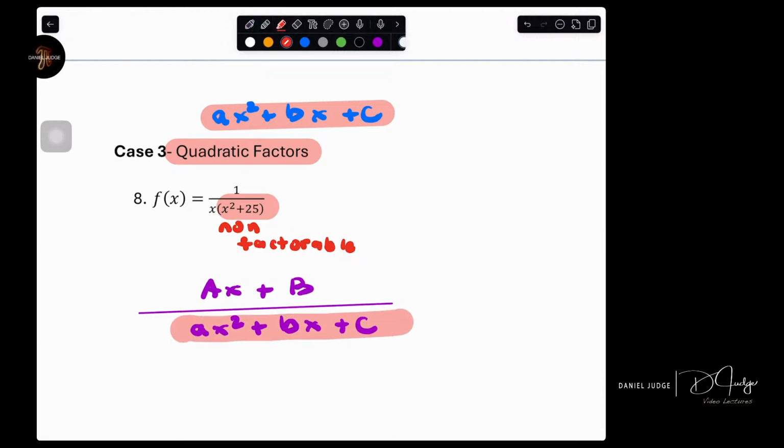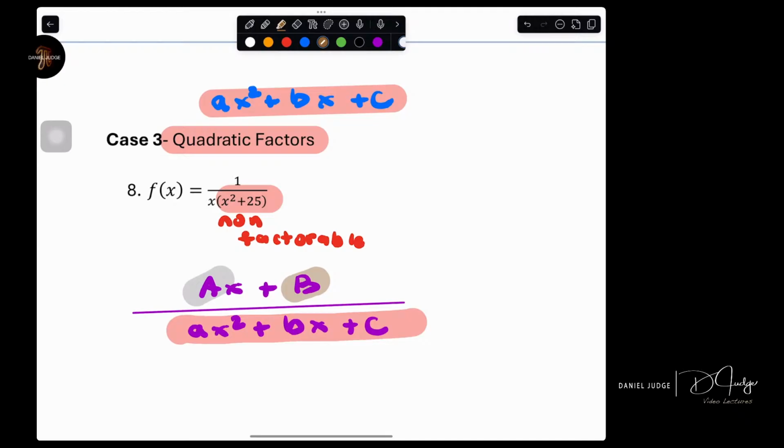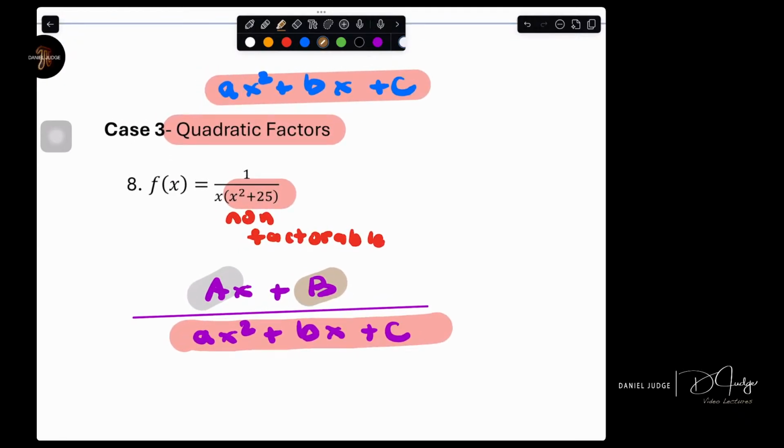And that's what we're going to do here, where we have to find the constants a and b.